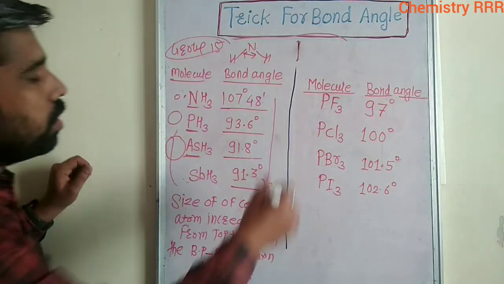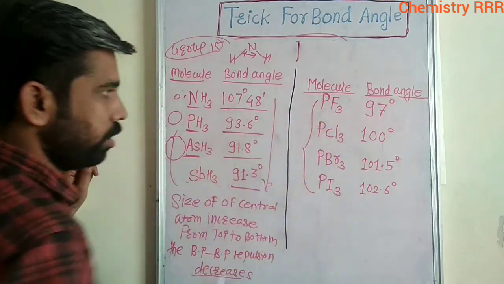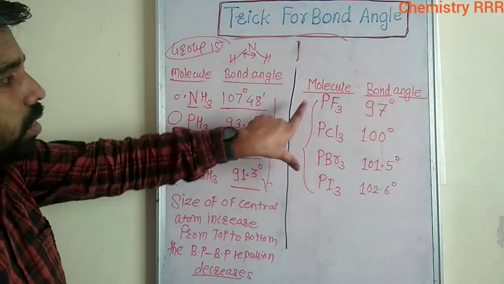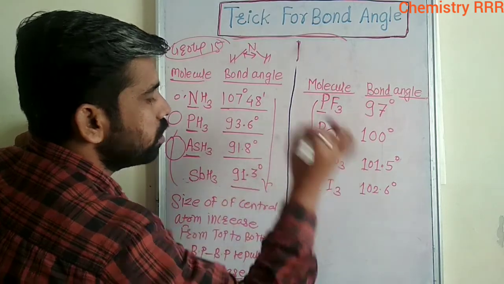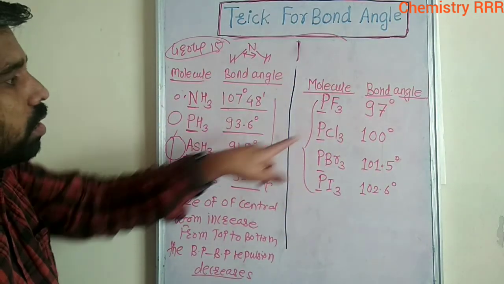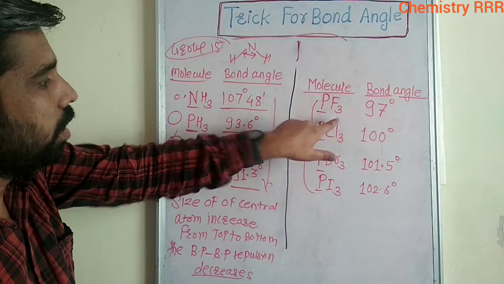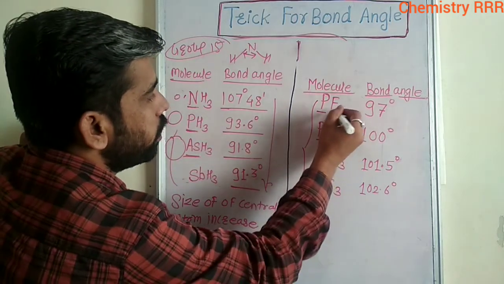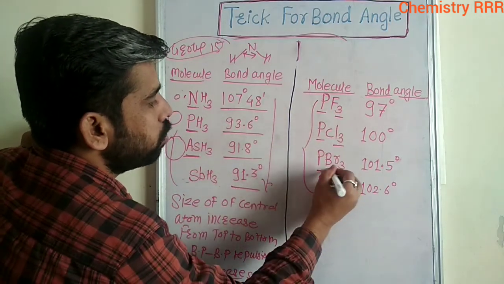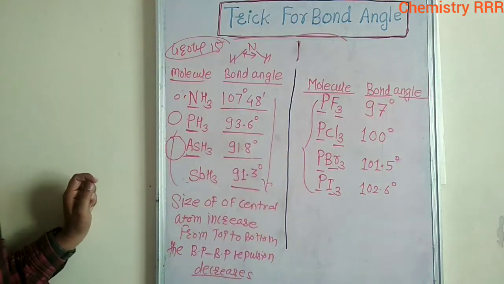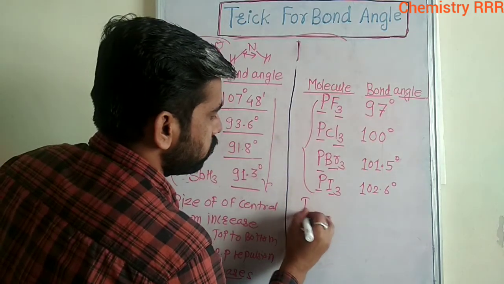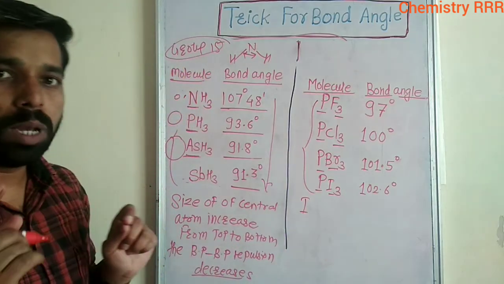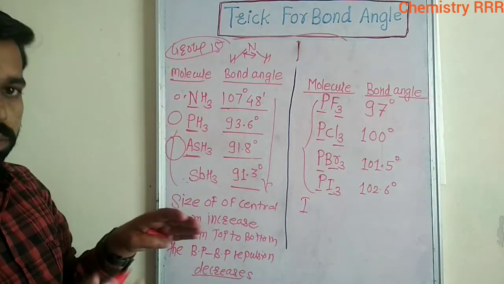Now let's compare these 4 molecules. In these 4 molecules all the central atoms are the same, but there is a change in the attached atom. There is chlorine, bromine and iodine, and you know that in the halogen family size increases from top to bottom.